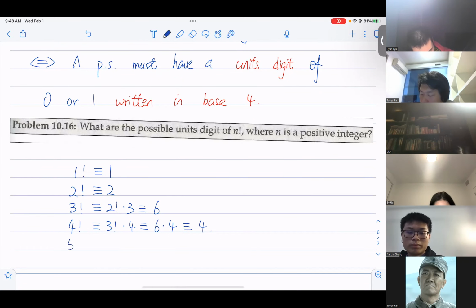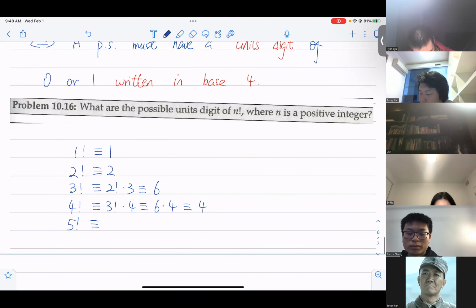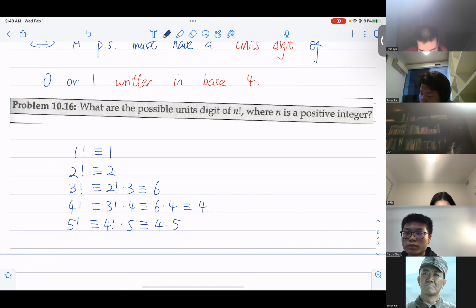Okay, and just when we think it's not gonna end, you will see that starting from 5 factorial, it's just going to be 0, right? 5 factorial is 4 factorial times 5, and that's 4 times 5, which is 20. So the unit digit is 0. And ever since you just have 0, because you have a 0 now, right?